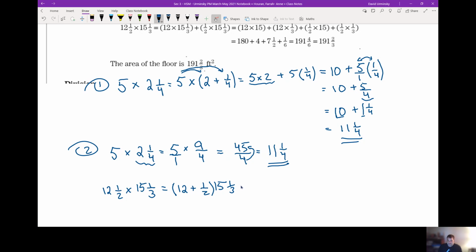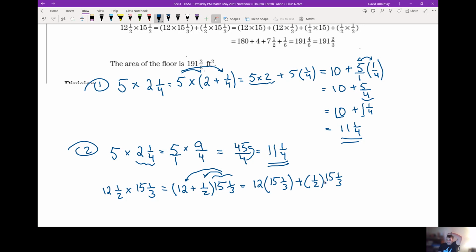Okay, so we can distribute the 15 and a third, that multiplication, into the parentheses. So that we'll have 12 times 15 and a third plus a half times 15 and a third.